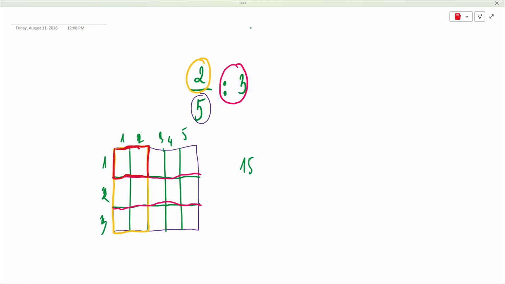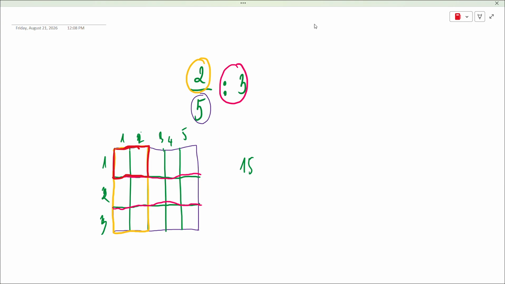Each of the squares here is a 15th, and this is one third of the original 2 over 5.